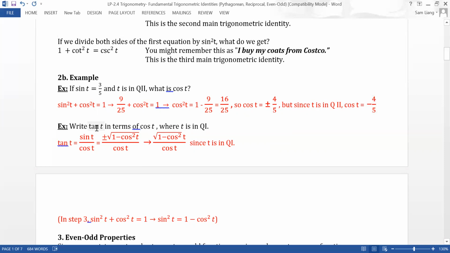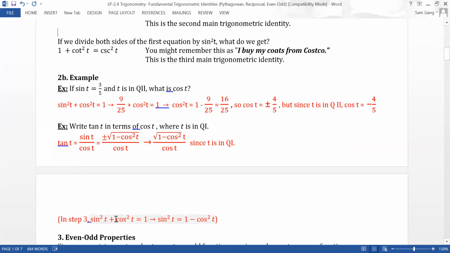Next, we have: write tan t in terms of cosine t, where t is in quadrant 1. We know that everything is positive in quadrant 1, just like this class, all positive. So let's find tan t in terms of cosine t. Tan t is sine t over cosine t, we know that from the reciprocal identities. And so for sine t, I did the math down here.